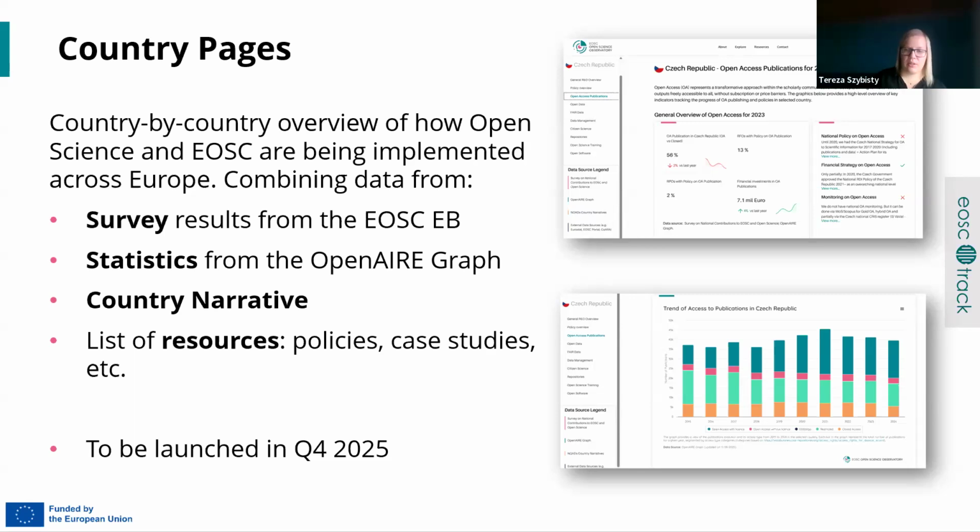Third, we have the country narratives that give us the context. This is a particularly important part because without the narratives, we would not know why things are happening in the country. Each country page will also include a list of key resources like national policies, case studies, strategic documents, and legislation, serving as a gateway to the full text of these policies.